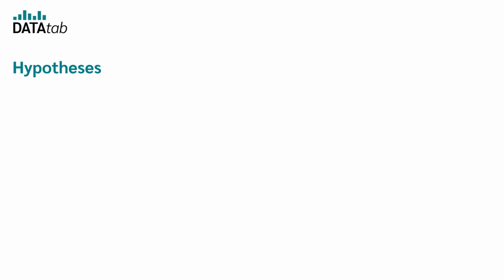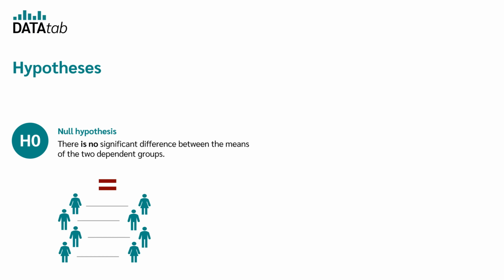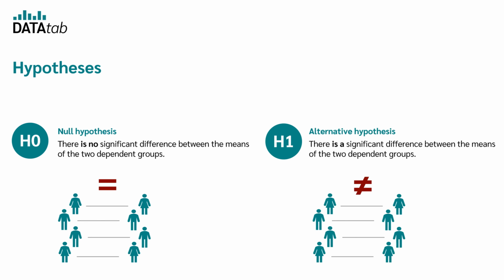Before you can calculate a t-test, of course, you must formulate your hypotheses. In the case of the dependent t-test, the null hypothesis is there is no significant difference between the means of the two dependent groups. And your alternative hypothesis would be there is a significant difference between the means of the two dependent groups. Therefore, one hypothesis is that there is no difference, and the other hypothesis says that there is a difference.